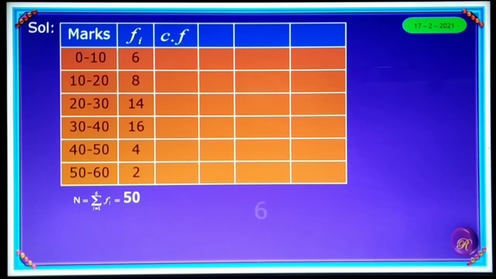6 plus 8, 14; 14 plus 14, 28; 28 plus 16, 44; 44 plus 4, 48; 48 plus 2, 50. Here n is 50.